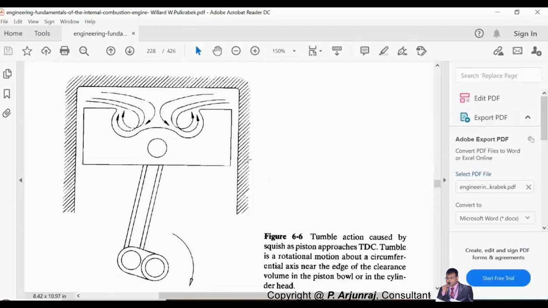But irrespective of diesel or gasoline engine, when it compresses, the mixture is going to behave with a rotational movement above the piston volume or the piston bowl, near the edge of the clearance volume.